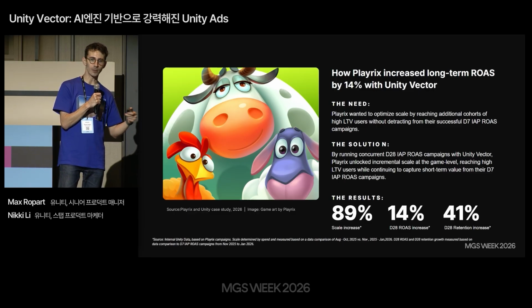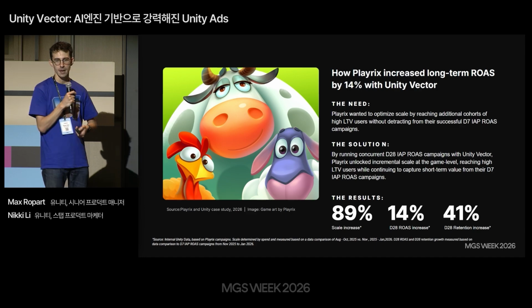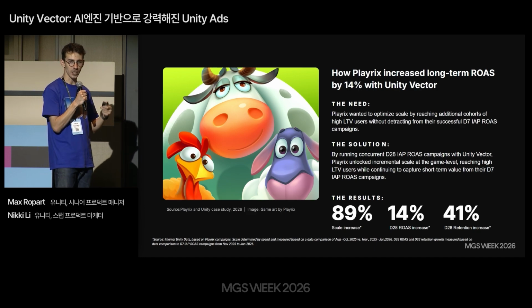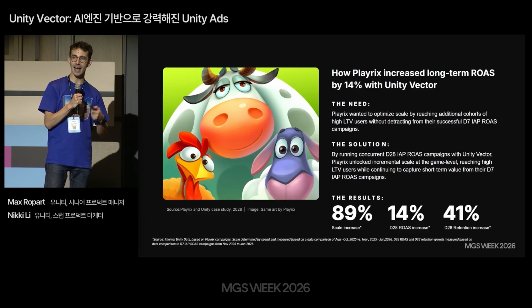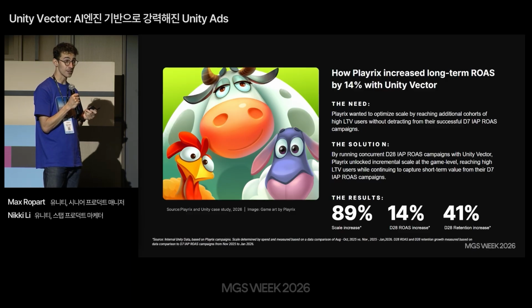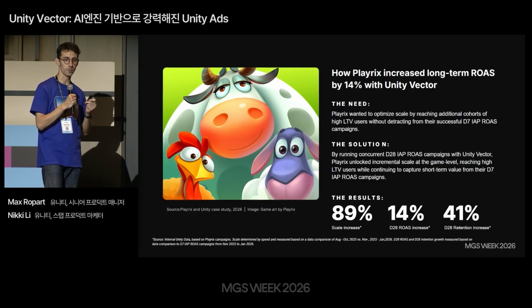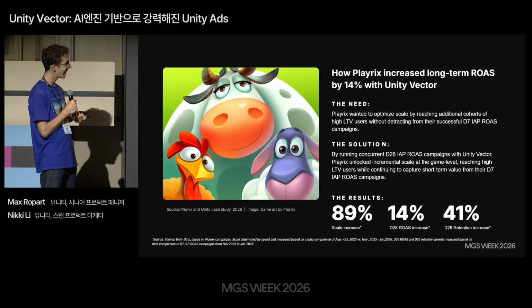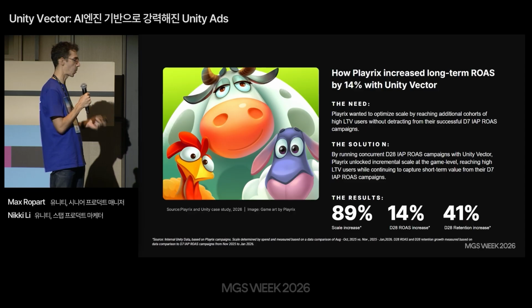By winning the D28 IAP with Unity Vector, Playrix was able to unlock this incremental scale at the whole game level, while continuing to capture what was making it successful, the same distribution of short-term value with D7. Again, they've seen really strong results.